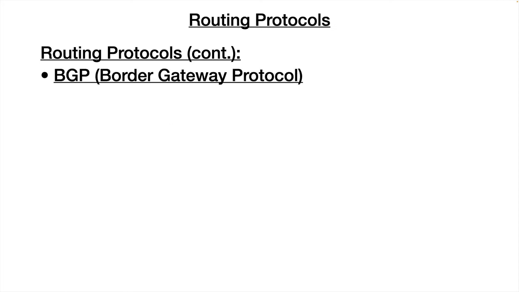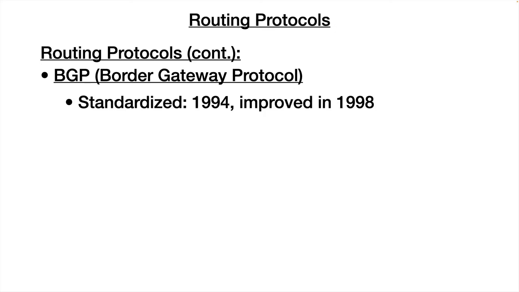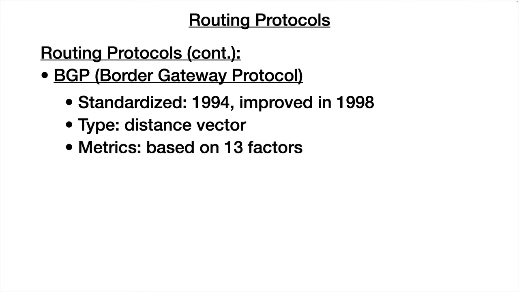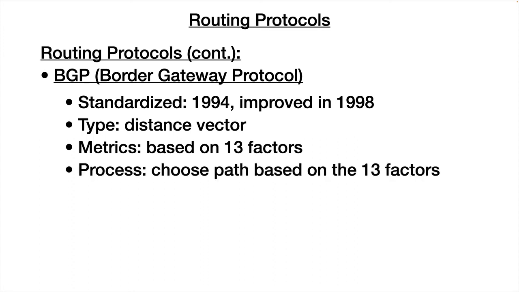The next one we need to cover is Border Gateway Protocol. It was standardized in 1994. It was improved a few years later in 1998. It is a distance vector. The metrics for BGP are pretty complex. It's based on 13 factors, and the process is to choose a path based on those 13 factors.